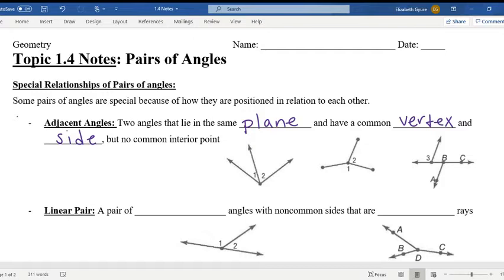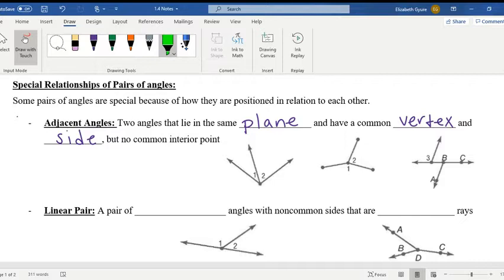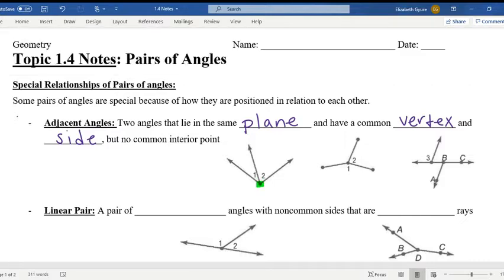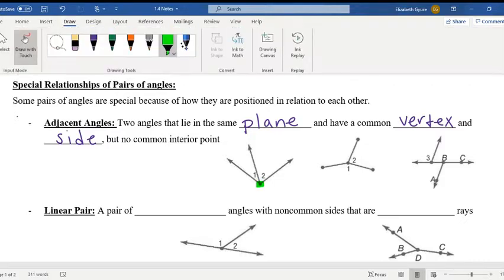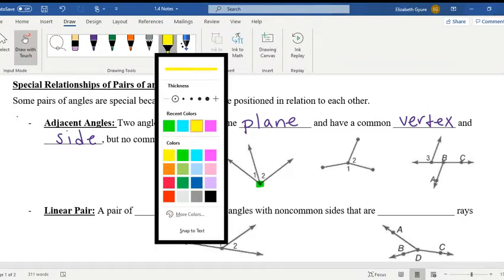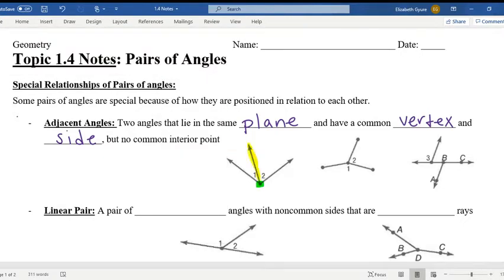So if you take a look at this first picture here down below, we have angle 1 and angle 2. This would be an example of adjacent angles because they share a vertex right here and they share a side. So this ray that kind of goes between them, right?